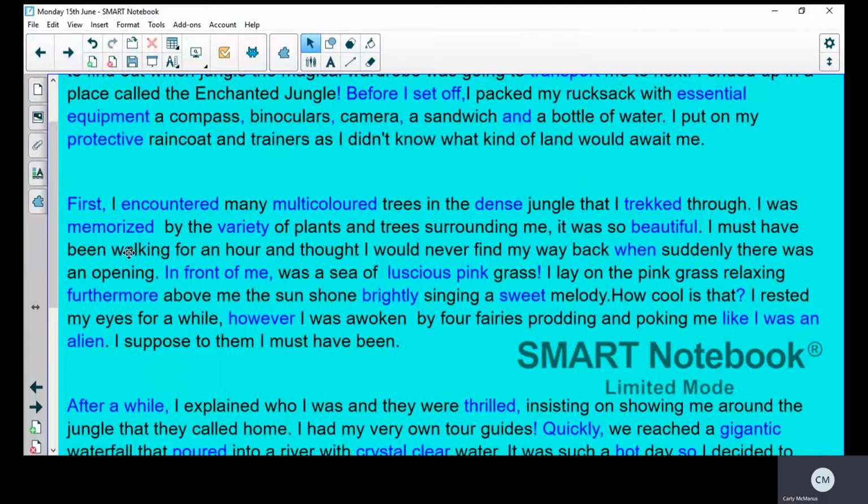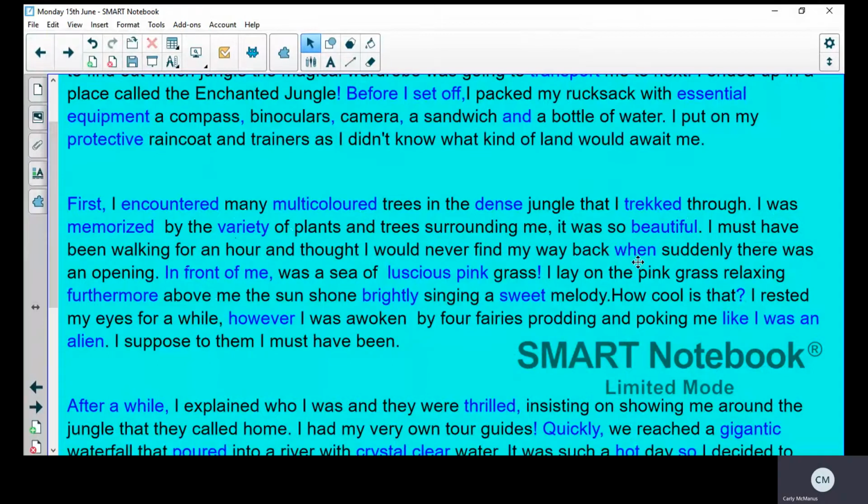And then I've said how I felt. I was mesmerised, which means you think something's absolutely beautiful. You can't take your eyes off it. By the variety, so an adjective again, of plants and trees. So variety just means that there's lots of different plants and trees. It was so beautiful. So again, I'm describing it. Then we've got when, so a conjunction.